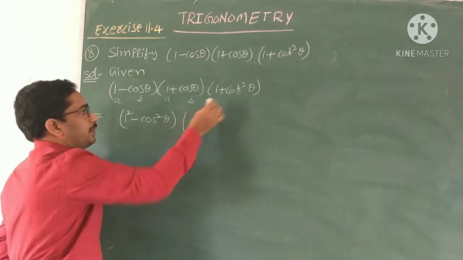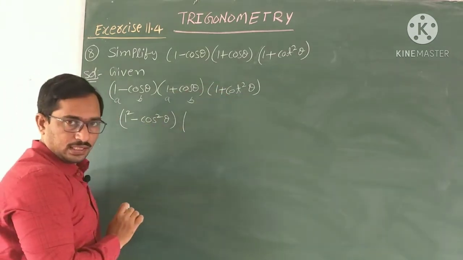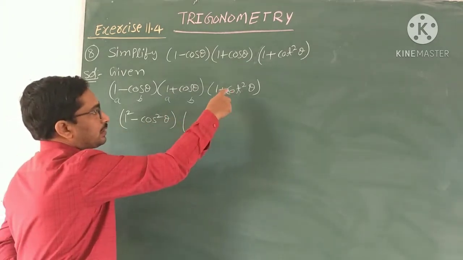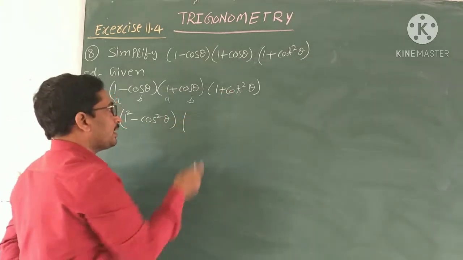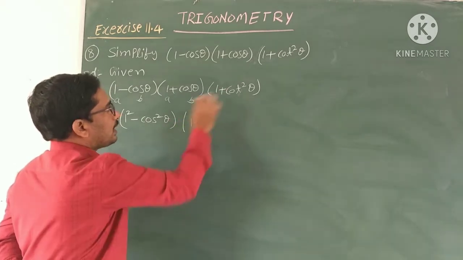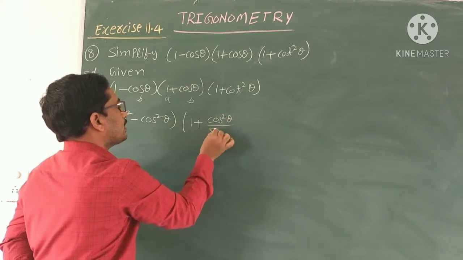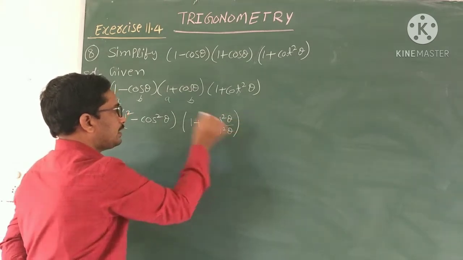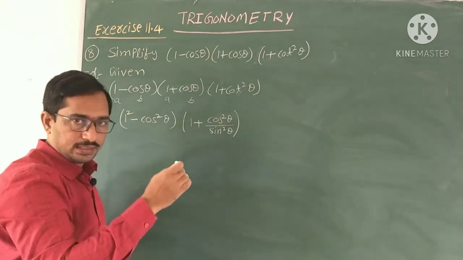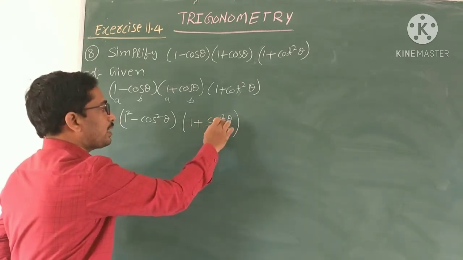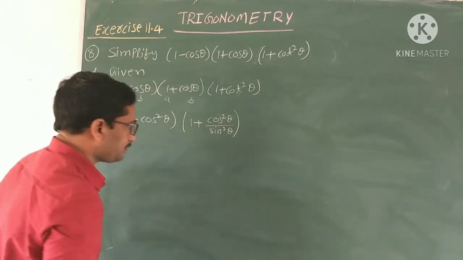Next, express cot in terms of sin and cos, because here the first term is in terms of cos. So convert cot in terms of sin and cos. So 1 plus cot square theta means 1 plus cos square theta by sin square theta, because cot theta equal to cos theta by sin theta.